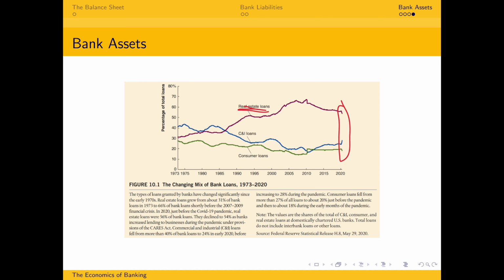As you can see, a lot of companies desperately needed loans so that they didn't go bankrupt. But on the flip side, consumers, they weren't buying new houses. They weren't going on any trips. They weren't doing anything really speculative, no new cars or anything. And so the bond market just completely dried up.